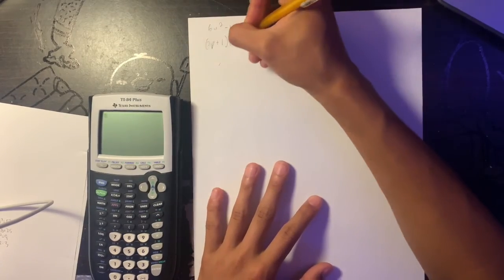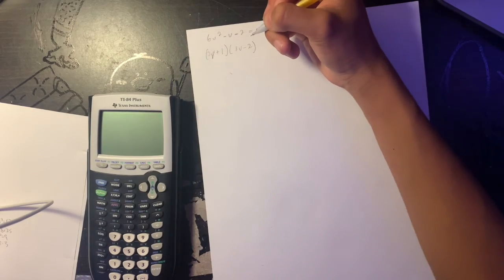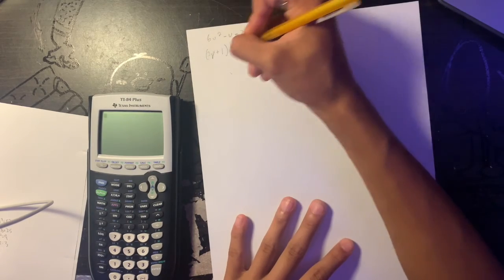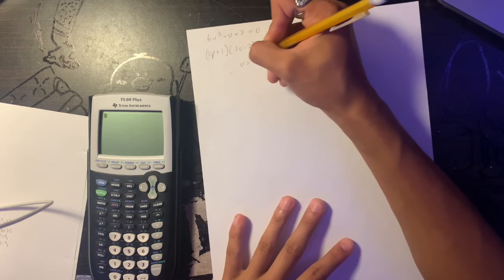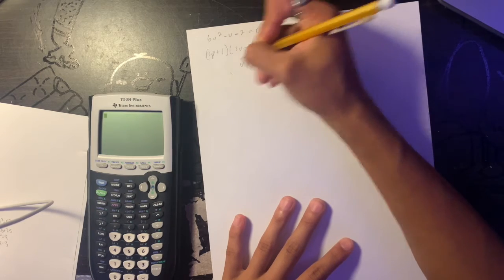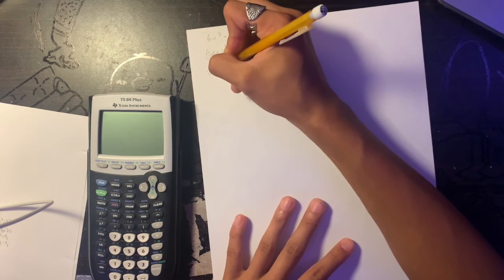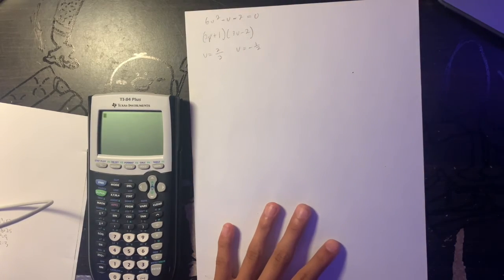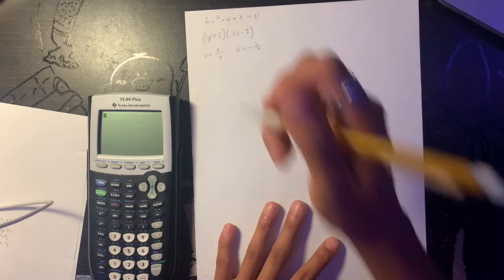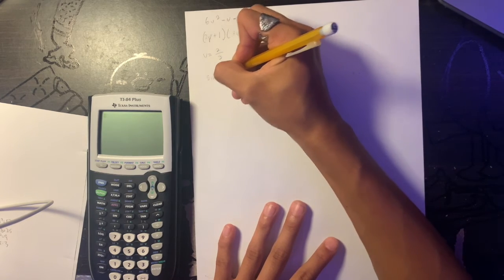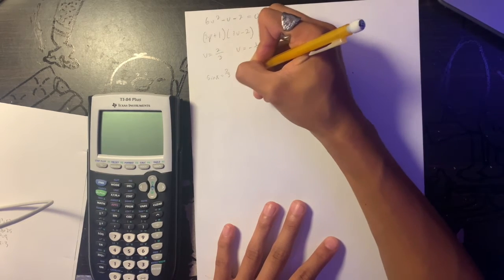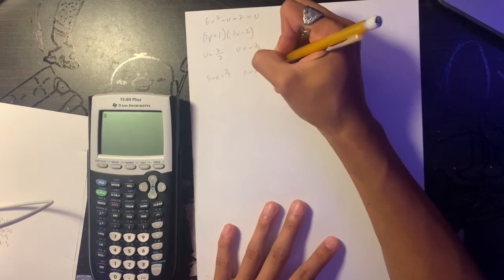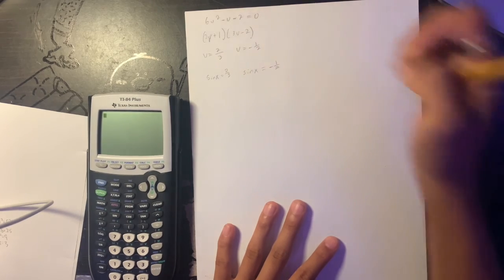So 2u, 3u. So u will equal negative 1/2, and u will equal 2/3. So let's put sine x back in there. Sine x equals 2/3, and sine x equals negative 1/2.